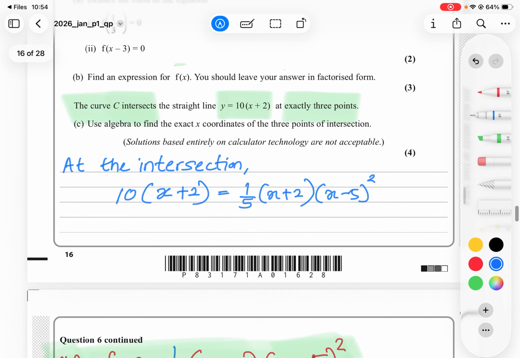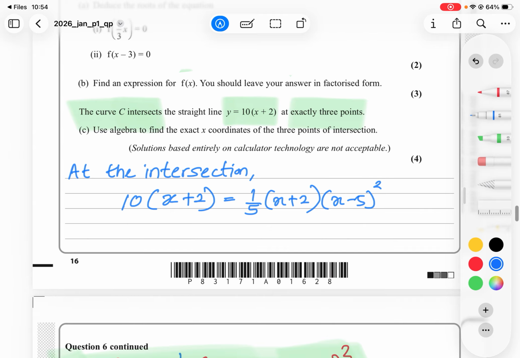If we take everything to a single side, this side would be 50(x + 2) equals (x + 2)(x - 5) squared.